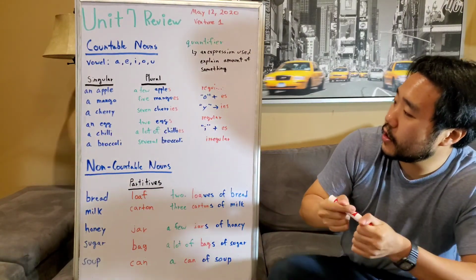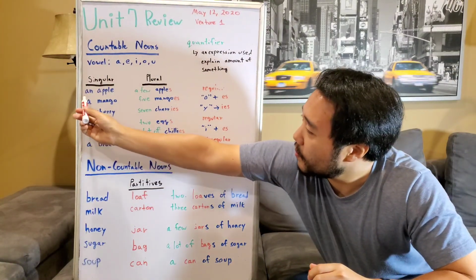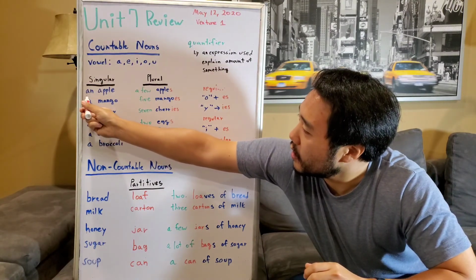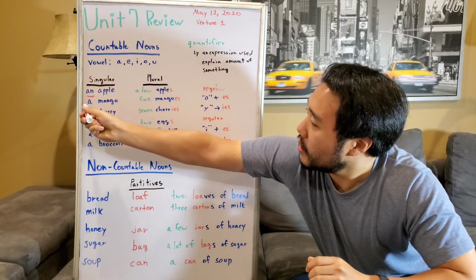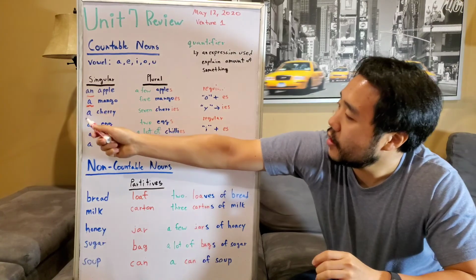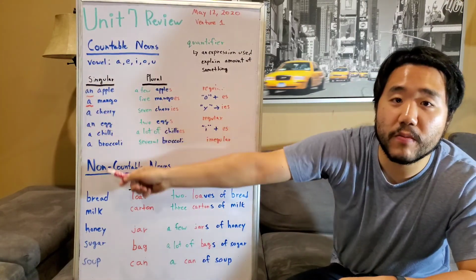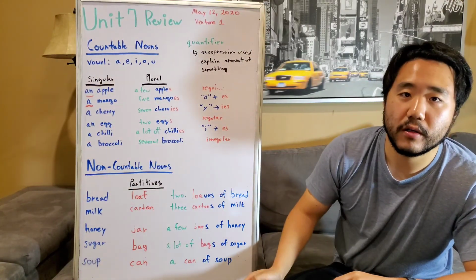And then here you can see that I use an here and a here. So how you determine that is based on the vowel.